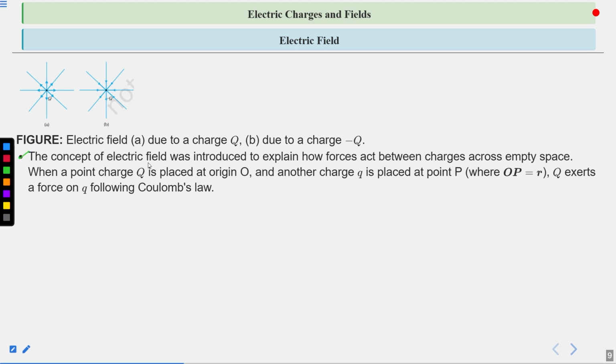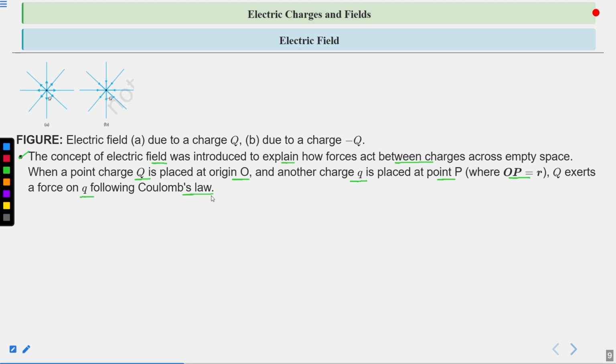The concept of electric field was introduced to explain how forces act between charges across empty space. So basically, electric field is a space in which charges feel an electrical effect. When a point charge Q is placed at origin O and another charge small q is placed at point P, where OP is equal to r, Q exerts a force on q following Coulomb's law.